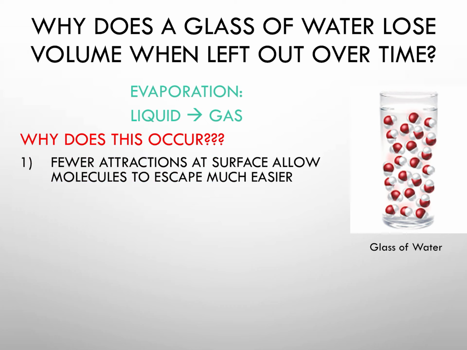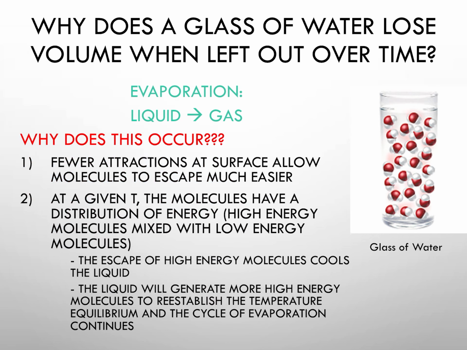We were talking about this with surface tension, that the molecules at the top are being attracted to nearby molecules and the molecules below. And at a given temperature, these molecules have a distribution of energy. They don't all have the same kinetic energy at a given temperature. There is the same average kinetic energy at a given temperature.